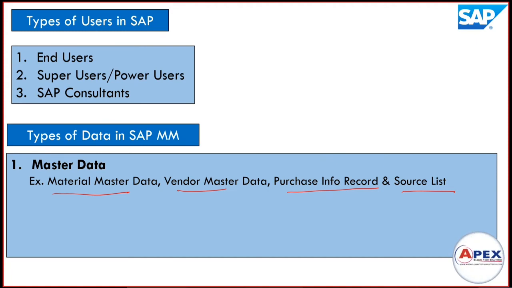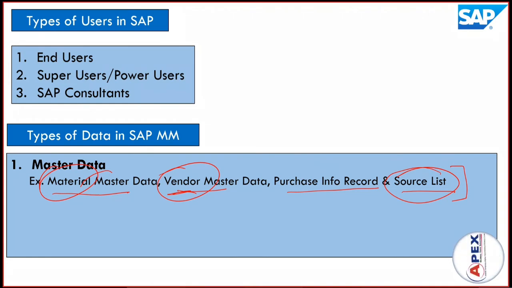Purchase info records means we maintain the previously purchased information of a particular material from a particular vendor. Source list means a particular material can be sourced from a particular vendor, and that we have to maintain. All these things are master data. In an interview, they will ask what master data you have maintained. You have to say material master data, vendor master data, PIR, that is purchase info record, and source list.